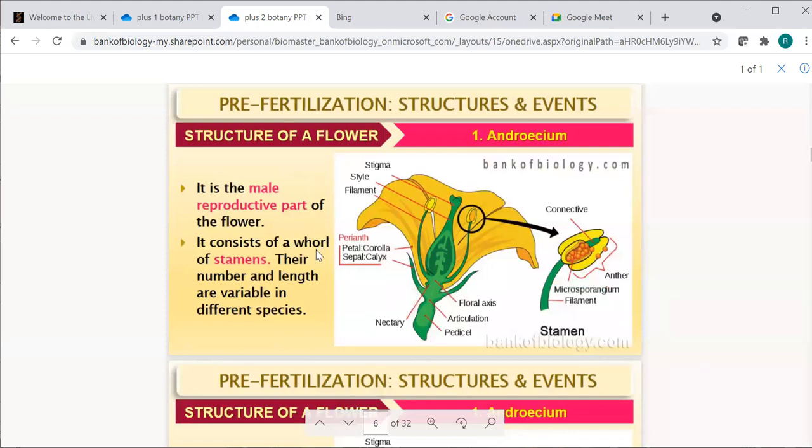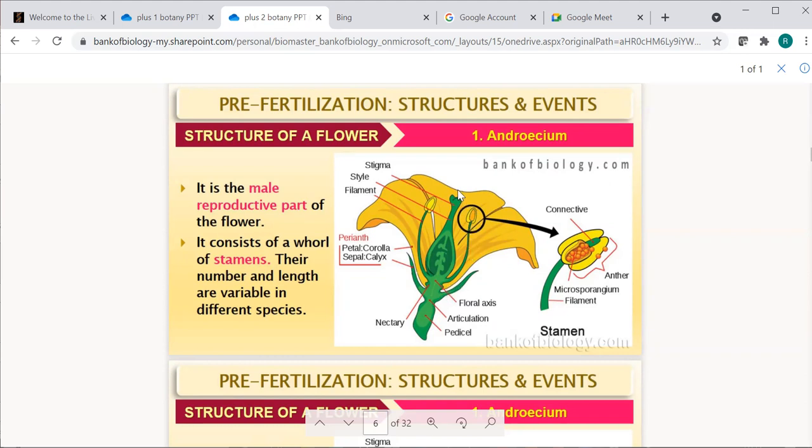It consists of stamens, and a stamen has anther and filament. So this is the flower we are talking about. It has androecium, that means the male part, which is this. This is the male part which has anther, and the long elongated one is called the filament.